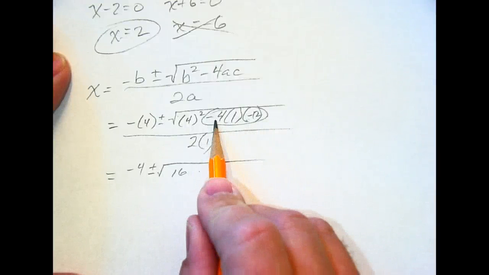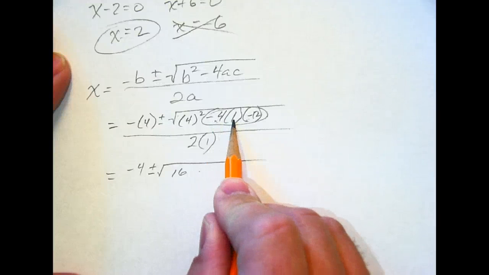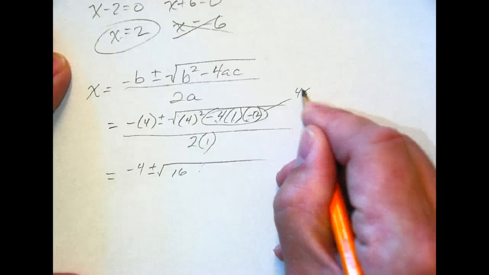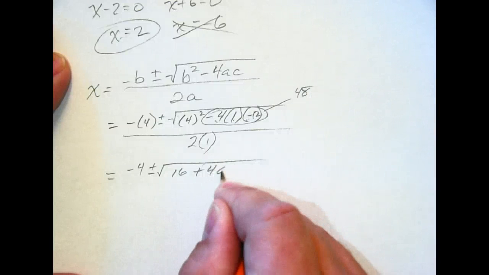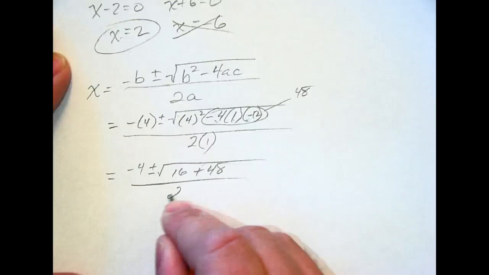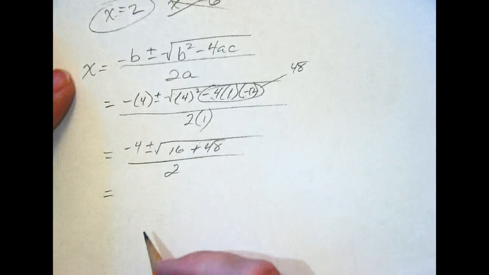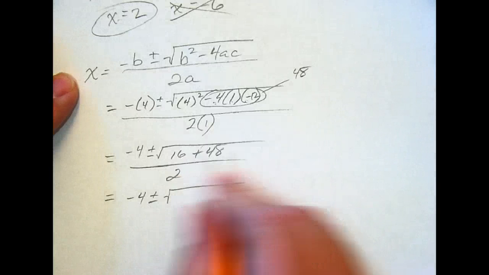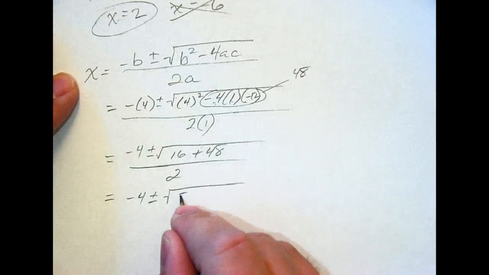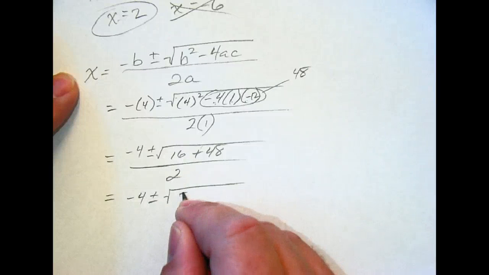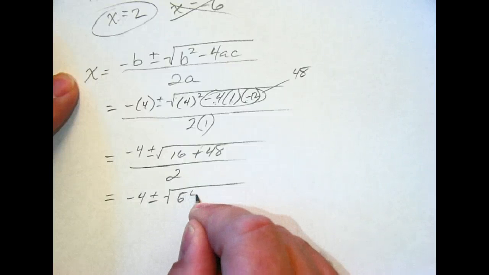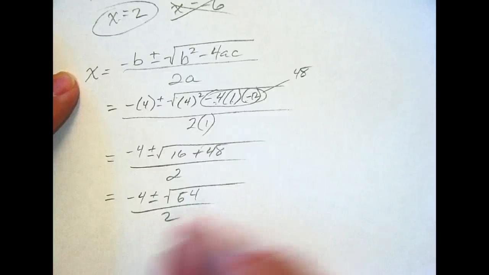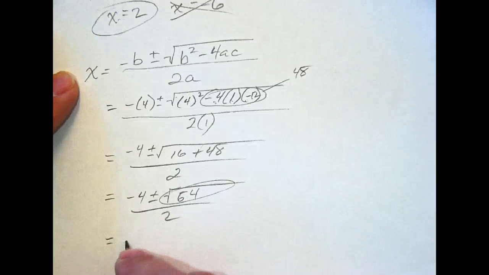That's a negative times a positive times a negative, which is a positive 48. 48 there, all over 2, which gives me negative 4 plus or minus the square root of 16 plus 48, which is 64. The square root of 64 is 8, so it's negative 4 plus or minus 8 over 2.